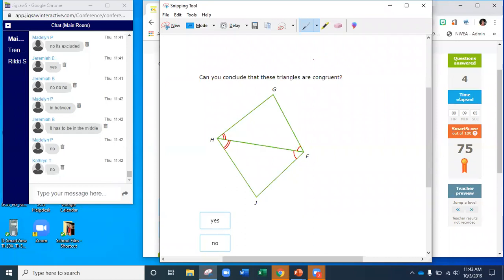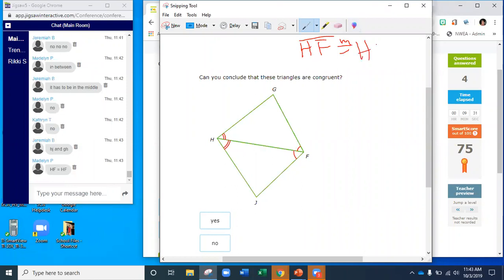I see some congruent angles. We're looking at HJ. There's nothing that says HJ and GH are congruent to each other. We're looking at the angles. Those little curve marks mean angles. Oh yeah, definitely, Madeline. I love it. HF is congruent to HF. That's our reflexive property. So we got a side, correct?